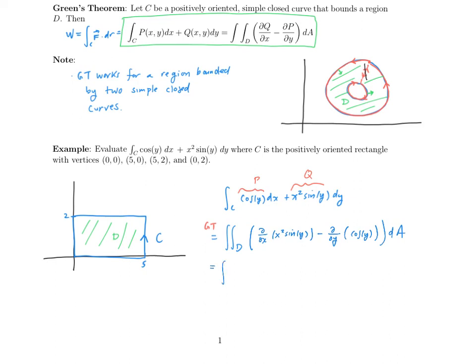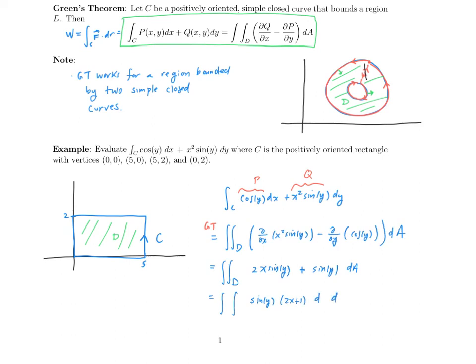And if we evaluate these partials, we would have 2x sine of y minus a minus, making it a plus, sine of y. So what was originally maybe a difficult looking line integral, at least in terms of the process and efficiency of evaluating, has now turned into an extremely reasonable double integral.